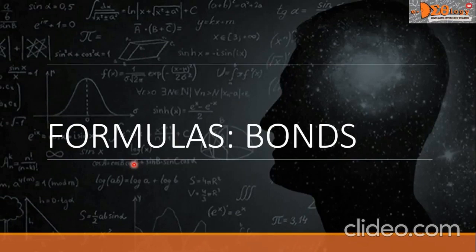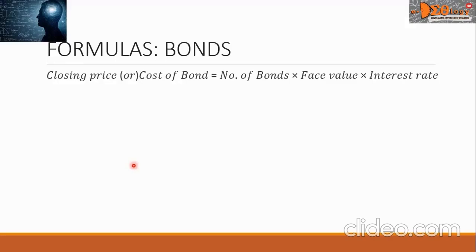We are going to consider some formulas regarding this topic on bonds. The first is the closing price, or we call it cost of bond. This is equal to number of bonds multiplied by face value, then multiplied by the interest rate.